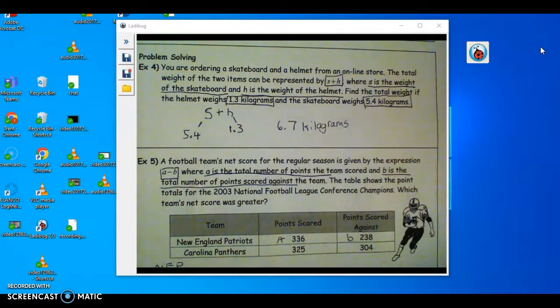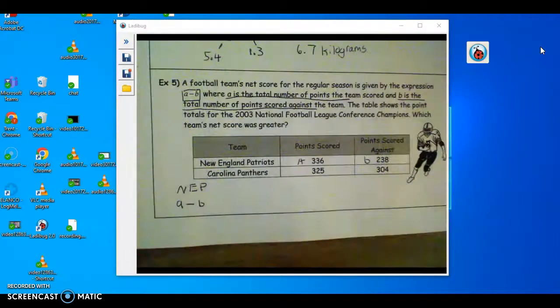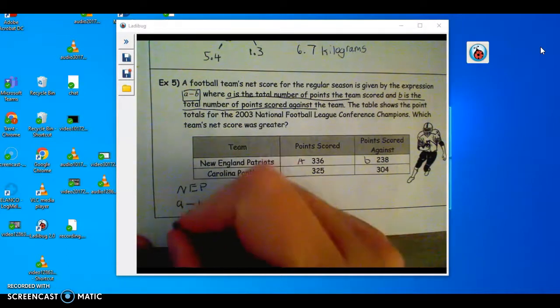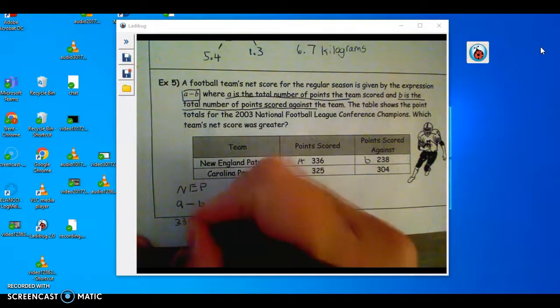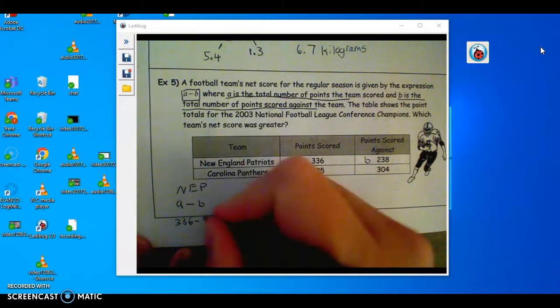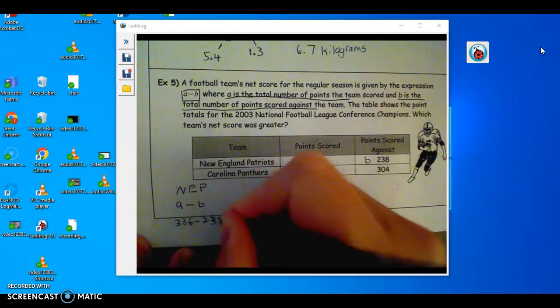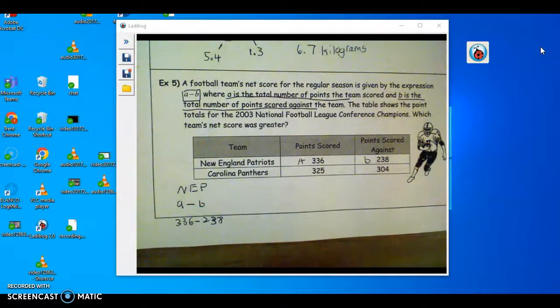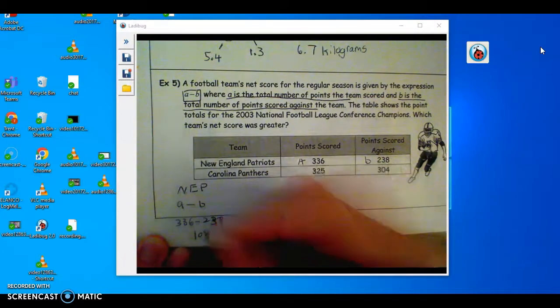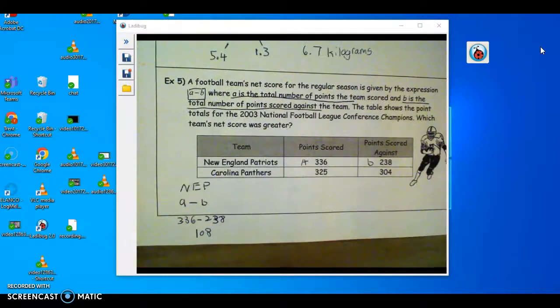Their B is 238. So we're going to take A minus B. Whoop, can't see that. Sorry. We're going to take 336 minus 238. 336 minus 238 comes out to 98, which is their net score.